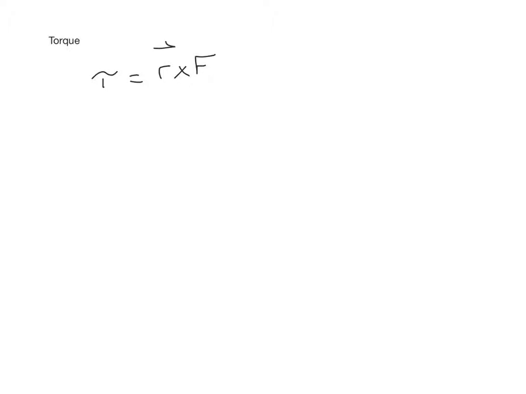Now, this is a cross product, in which the direction of R is the radial distance away from the pivot point.